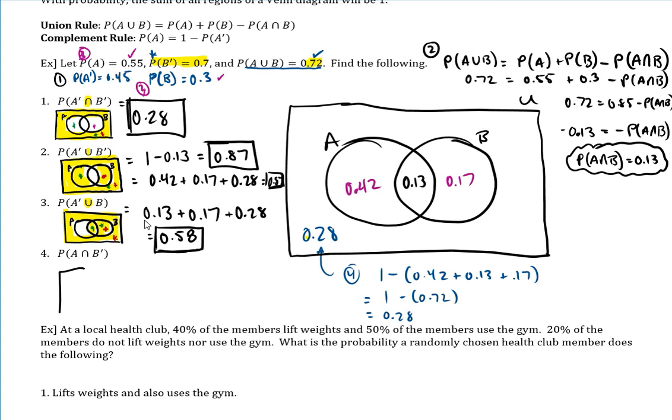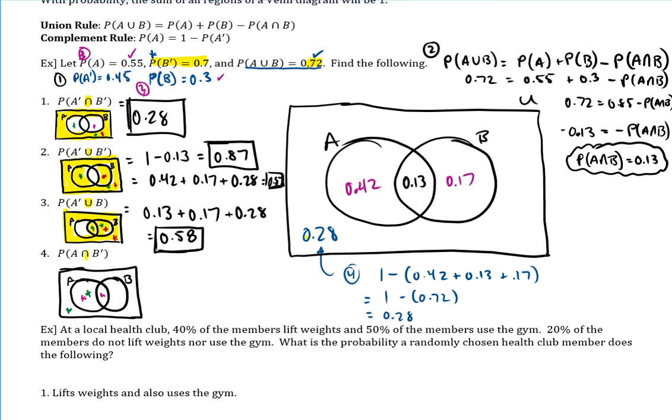So one more, though, with this diagram. We have A and not B. All right, I'm going to use my color technique again. So A would be the two regions that make up A. Not B are the regions outside of B, so right here and right here.